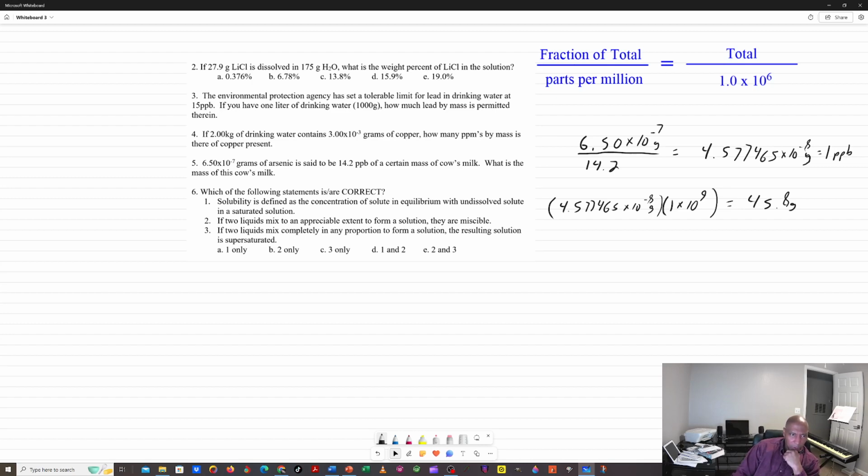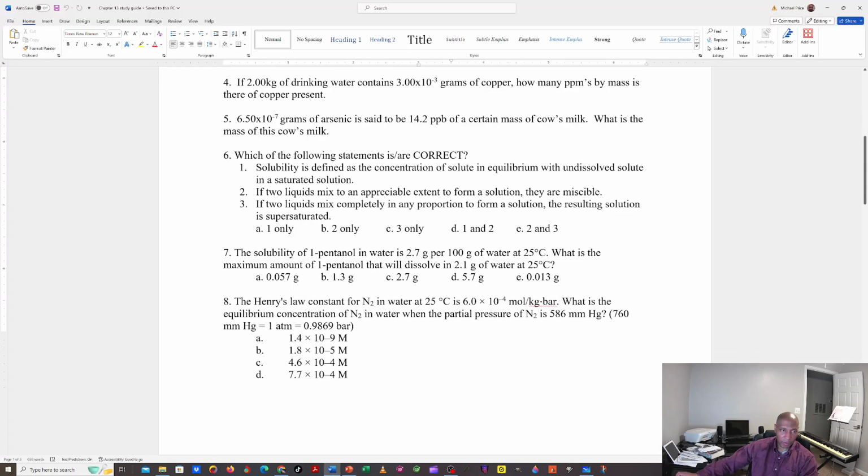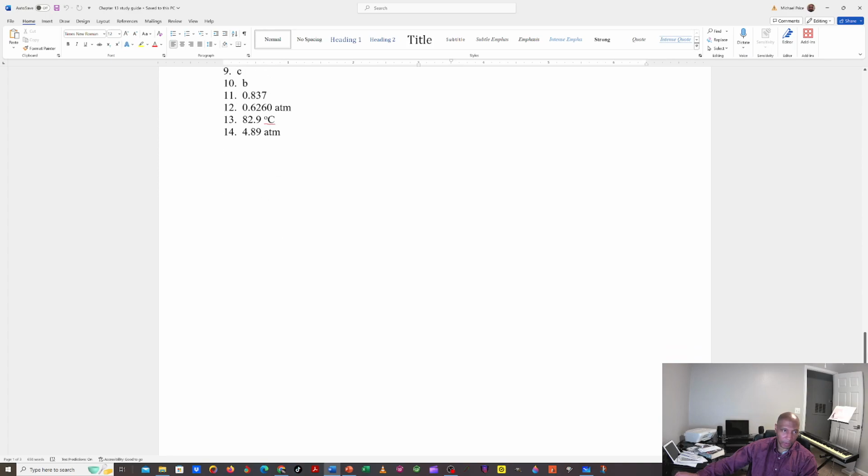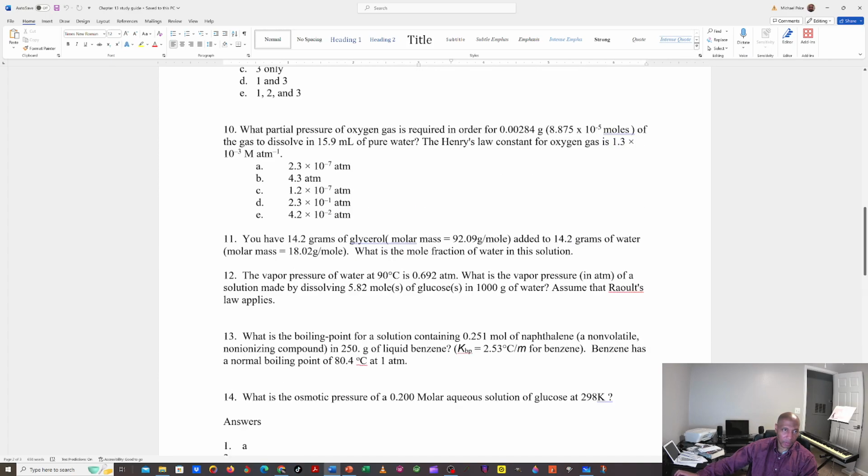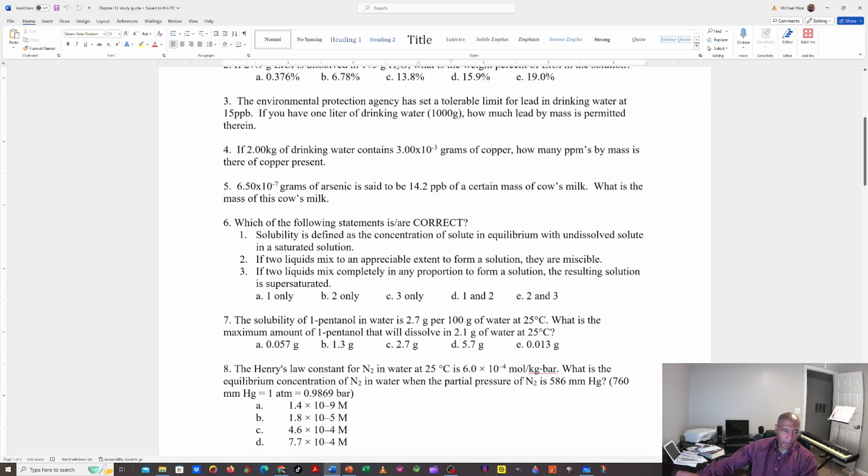Number 2, if 2 liquids mix to an appreciable extent to form a solution, they are miscible. Yeah, that's true too. 3, if 2 liquids mix completely in any proportion to form a solution, the resulting solution is supersaturated. That, of course, is not true. So we know the answer is 1 and 2, so that would be D, right? Let me make sure that what we have right there for 6 is correct. Yeah, that's D.